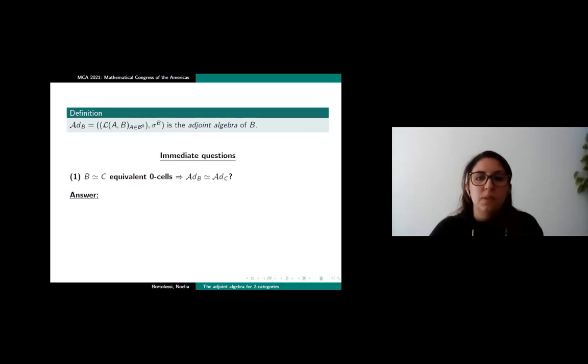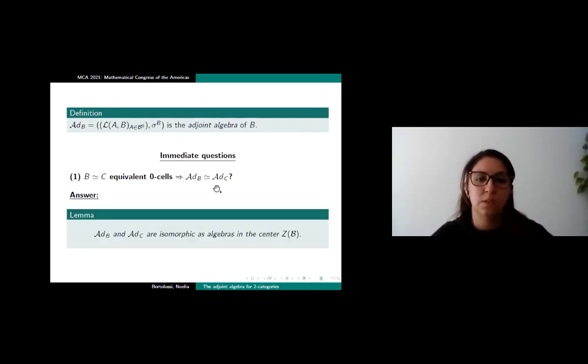So what happens with the adjoint algebras? Maybe they are related or not. So the answer is what you expect, that they are isomorphic as algebras in the center of the two categories. So this is the easy question.